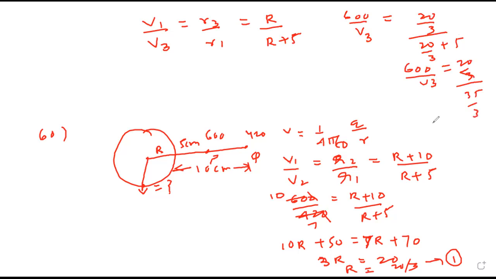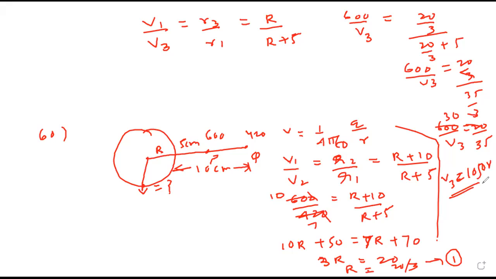The 3 cancels, so 600 upon V3 is 20 upon 35. Therefore, V3 equals 1050 volt. Option D.